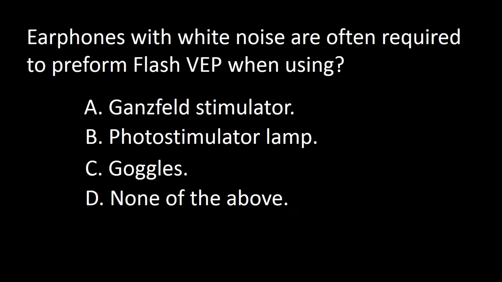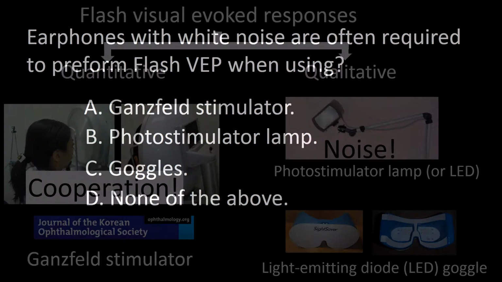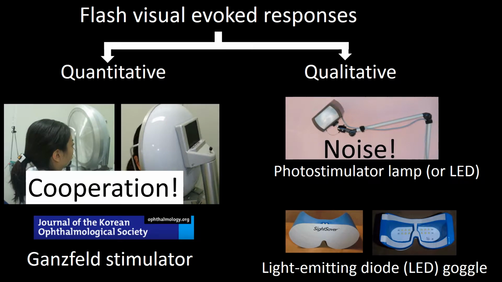Next question. Earphones with white noise are often required to perform flash VEP using A. Ganzfeld stimulator, B. Photostimulator lamps, C. Goggles, D. None of the above. I showed you this figure just a few seconds ago.